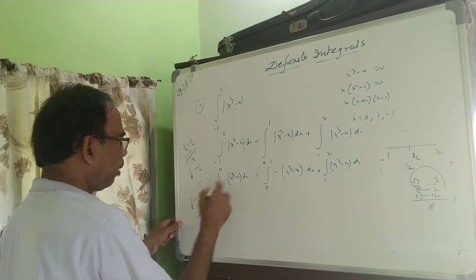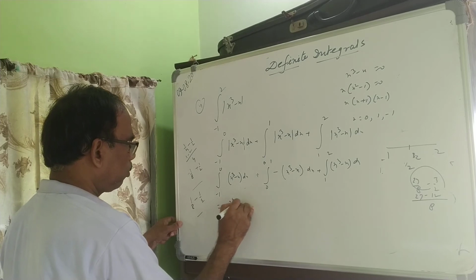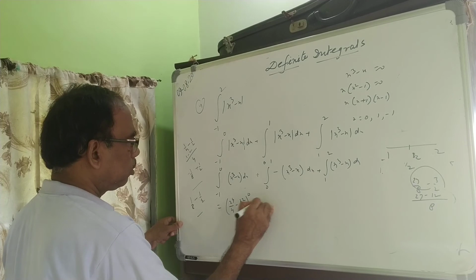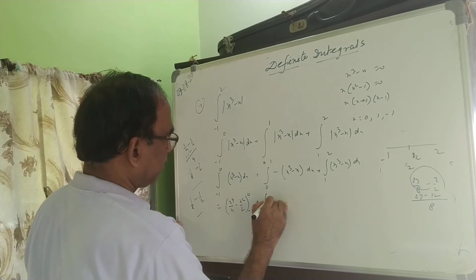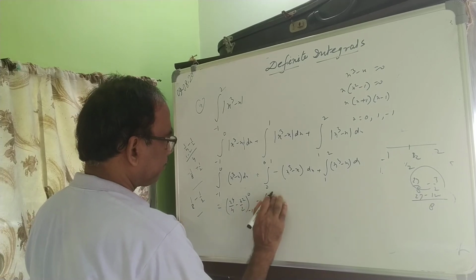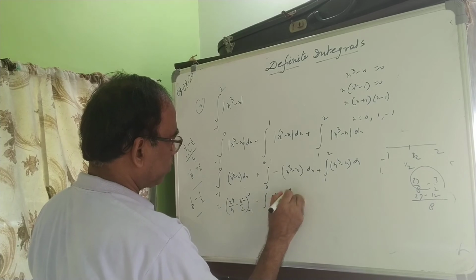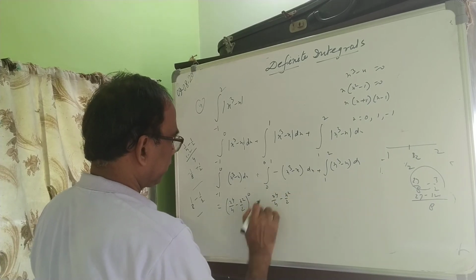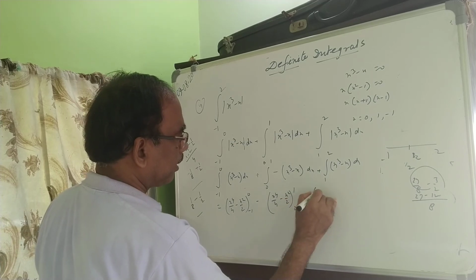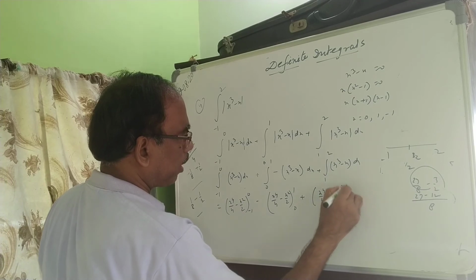Now we integrate: x to the power 4 by 4 minus x square by 2, from minus 1 to 0, plus, taking the minus outside, x to the power 4 by 4 minus x square by 2 from 0 to 1, plus x to the power 4 by 4 minus x square by 2 from 1 to 2.